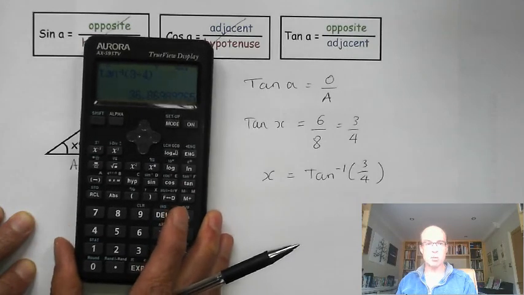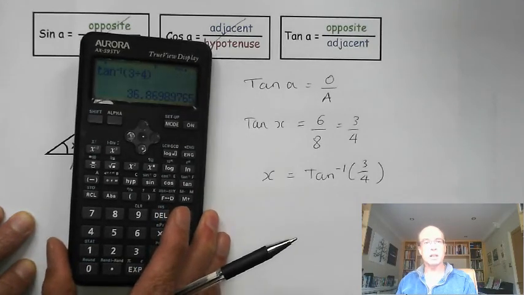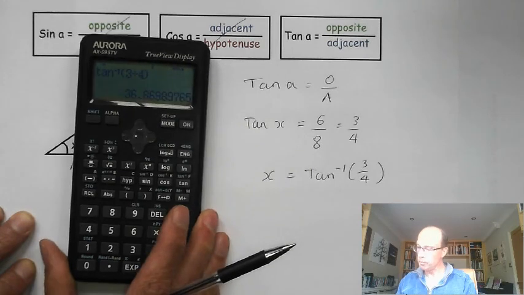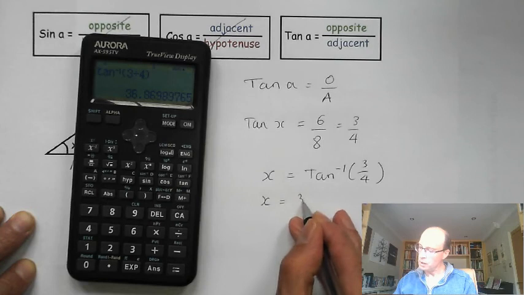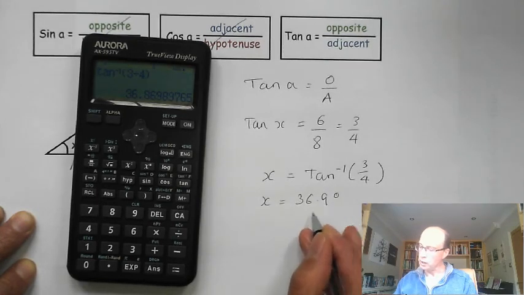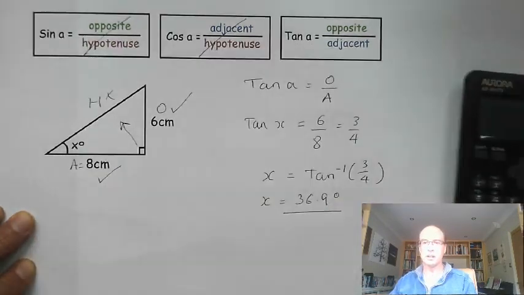If I round that to 1 decimal place, that's going to give me 36.9. So X is equal to 36.9 degrees, and we finish the question off.